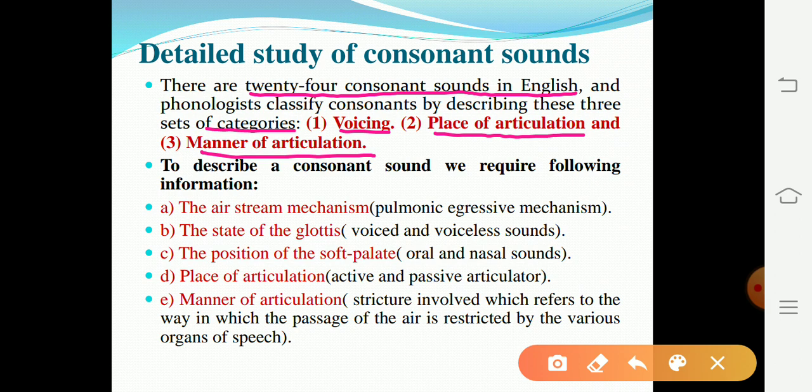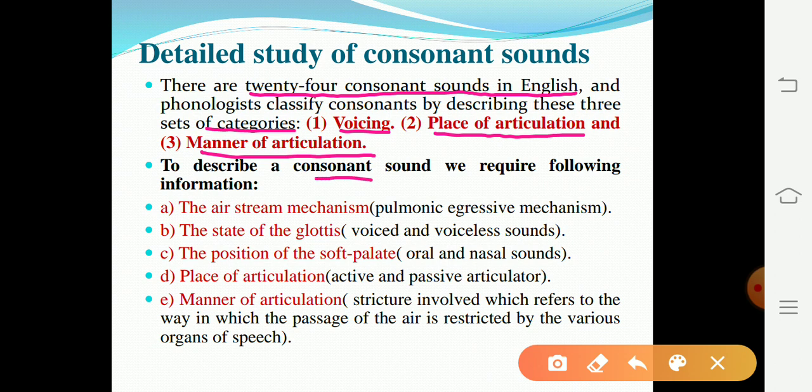If a question is asked regarding a consonant sound, we classify it using these three categories.